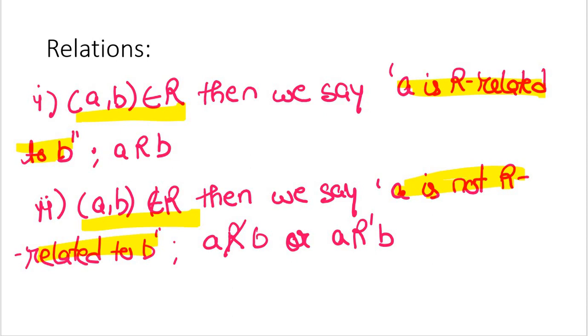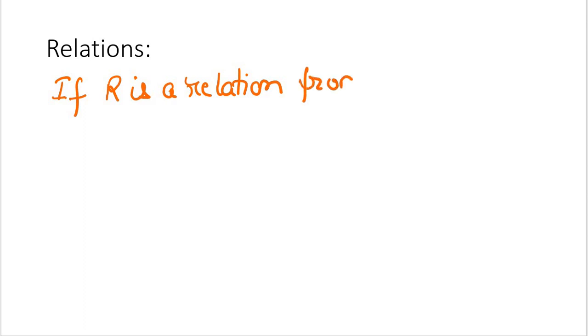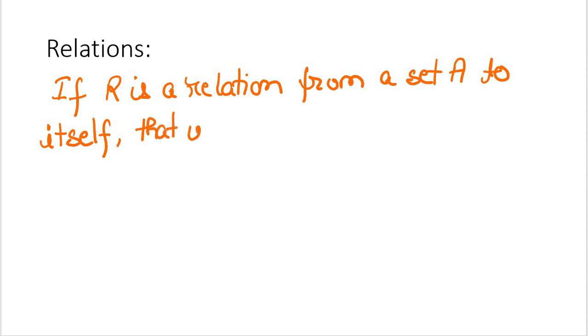So what we can further add is, if let's say R is a relation from a set A to itself, that means the relation is from A to A only. In that case R will be a subset of A square.